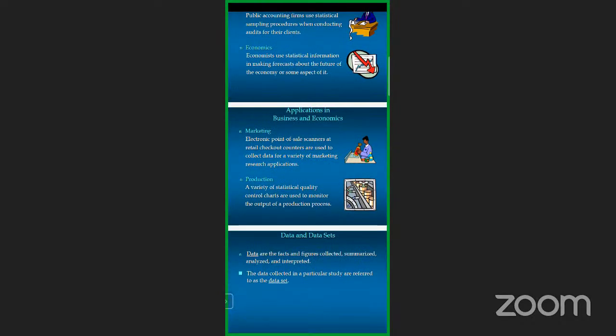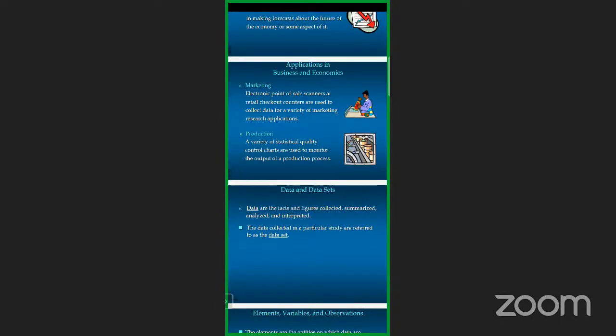So, data and data sets. Data means the facts and figures collected, summarized, analyzed, and interpreted. And the data collected in a particular study is referred to as the data set. That means the data collected for a particular purpose of study, which we have arranged in a proper way, is a data set.